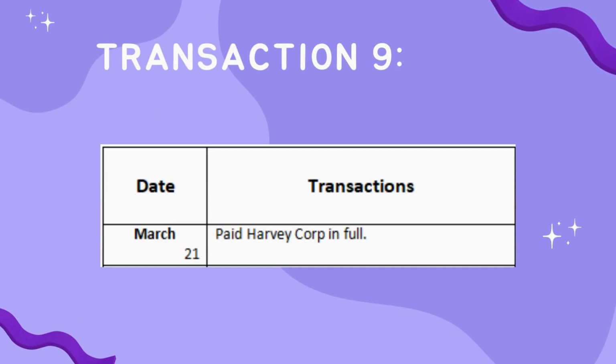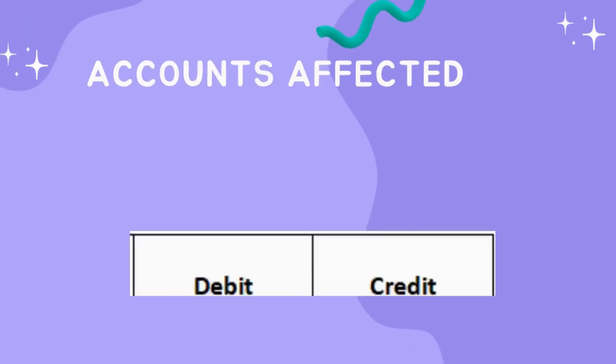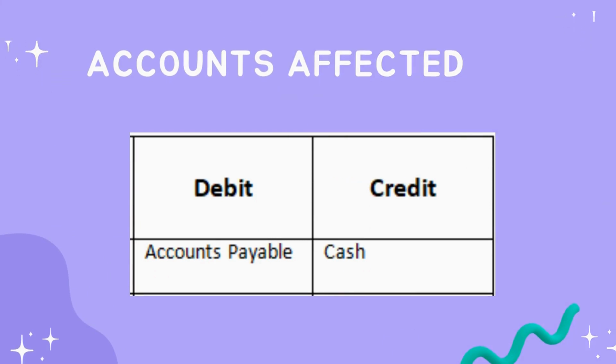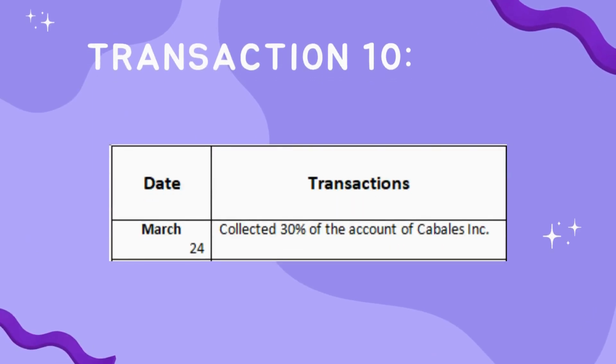Transaction 9, March 21. Paid Harvey Corp in full. The accounts affected in debit is accounts payable, and in credit is cash. Transaction 10, March 24. Collected 30% of the accounts of Cavales Incorporated.